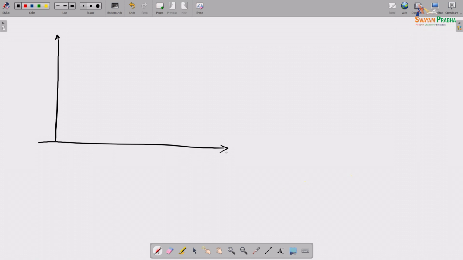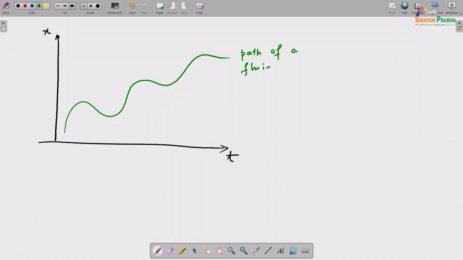So, this is the time on the x axis and this is the x location, and we have drawn a path like that. So, this is the path of a particular fluid particle.